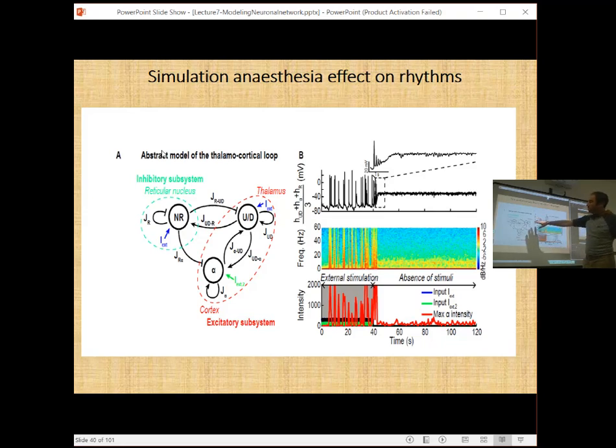This is again to mimic the fact that during anesthesia, you stop having external input. And so the external inputs were creating this kind of spiking properties, and then they are diminishing, they are vanishing here to reach the regime where you have this internal coupling that leads to this oscillation regime.